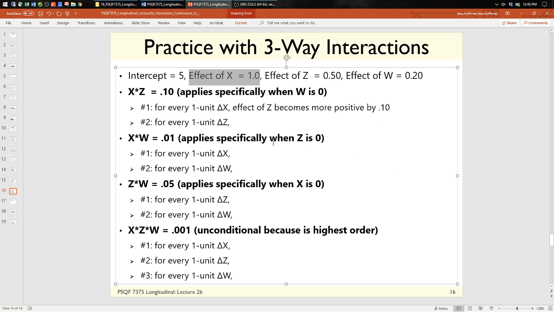Yeah, so you didn't answer the question that I just asked, but you did answer the one that I was going for here. So that's fine. So we start with an effect of x. The effect of x is 1 if z is 0 and w is 0. This interaction right here, x by z, says that that effect of x becomes more positive by 0.10 for every 1 unit change in z.